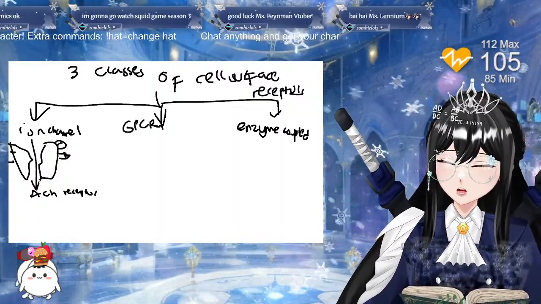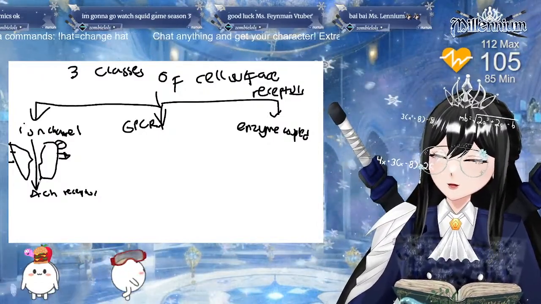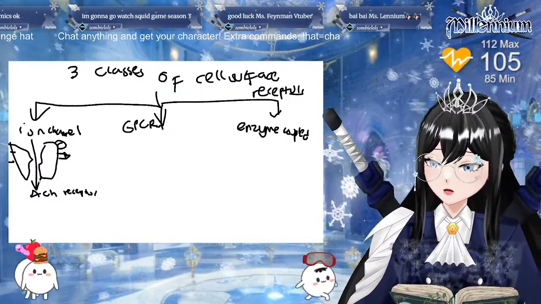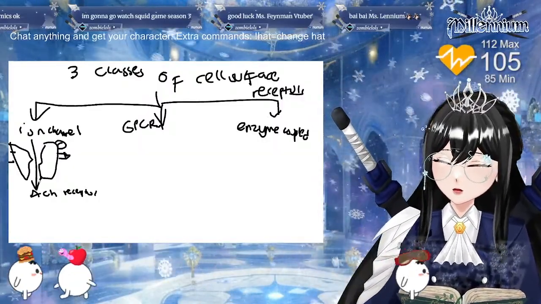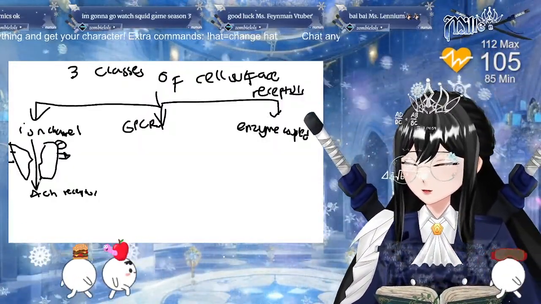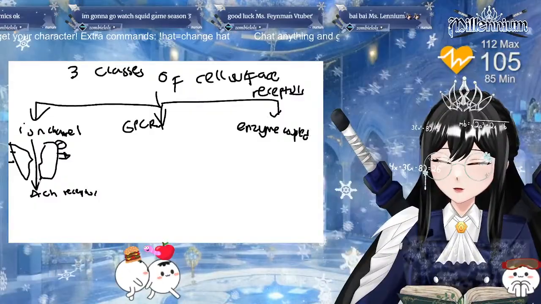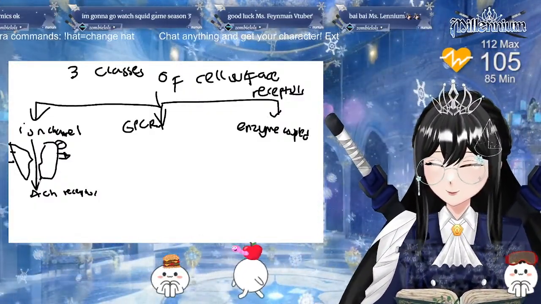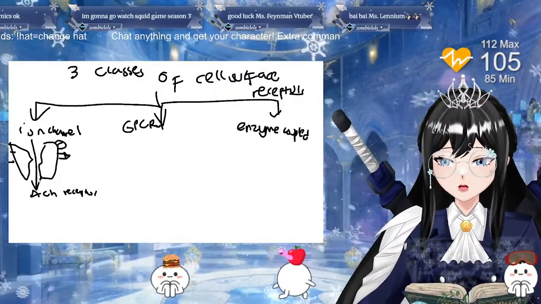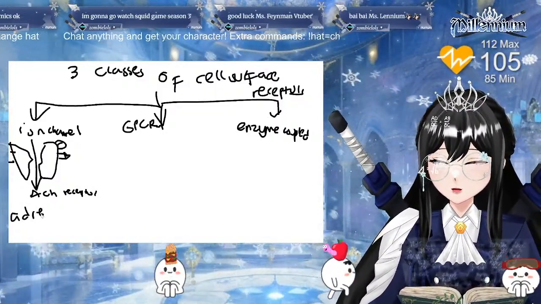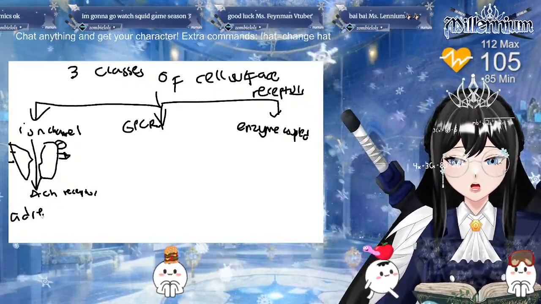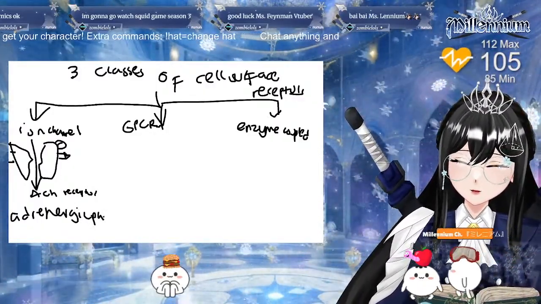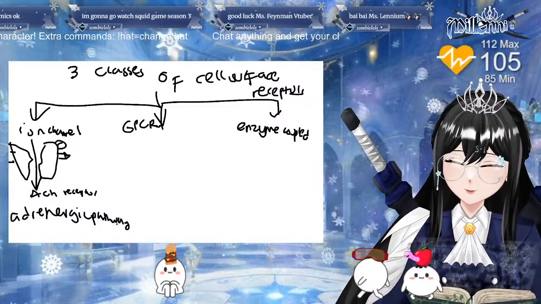Because the ligand or the signaling molecule binds, the receptor will undergo a conformational change, and then ions like sodium, potassium, or calcium would flow through the membrane. Some more examples would be your adrenergic pathway, and all of the other stuff.